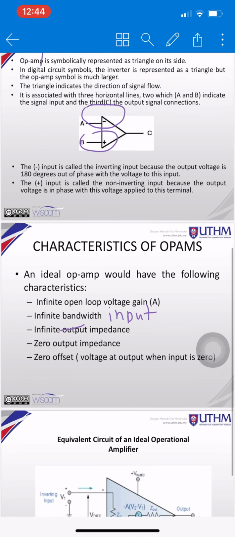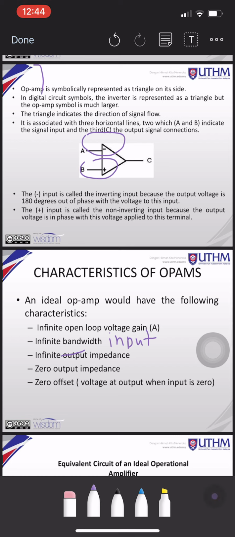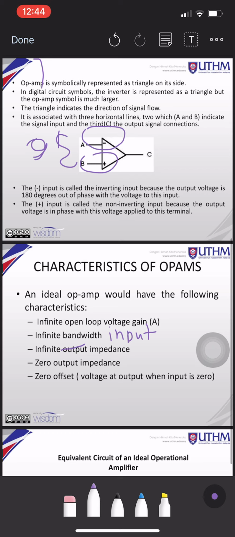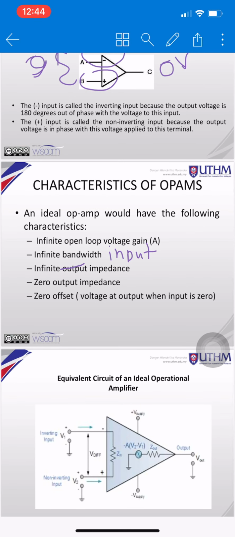If the difference between these two is zero, the output should be zero voltage. So those are the 5 ideal characteristics of the op-amp.